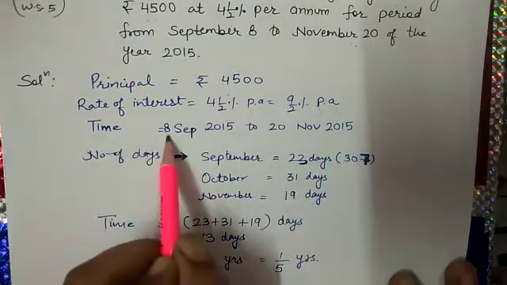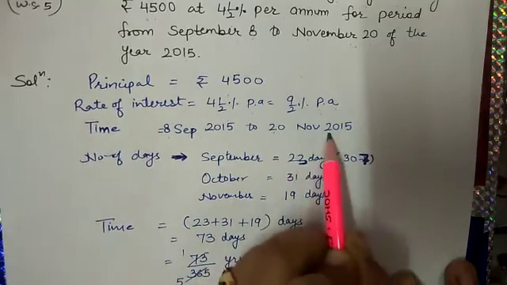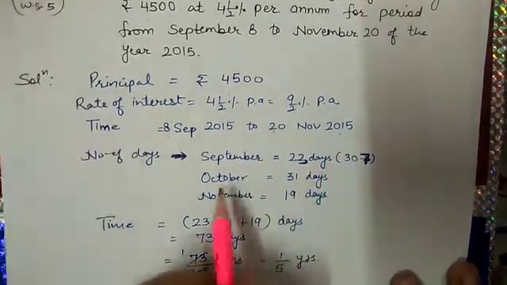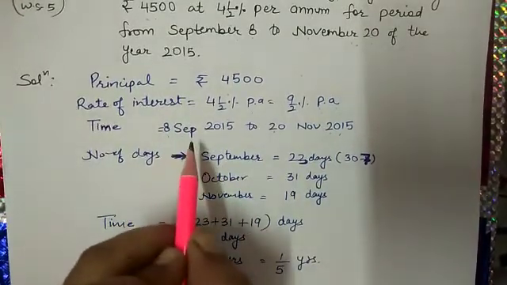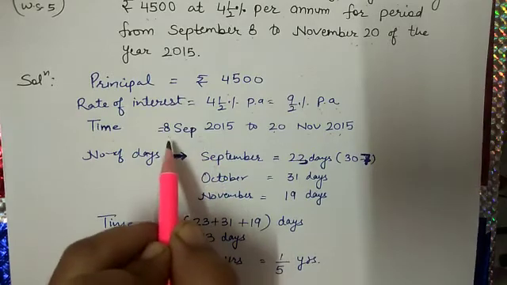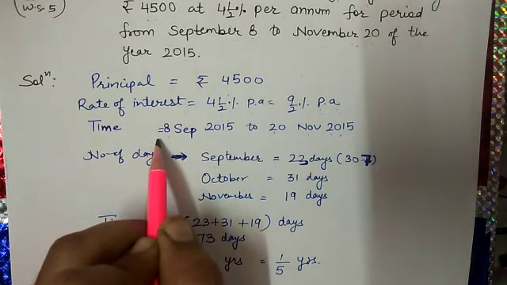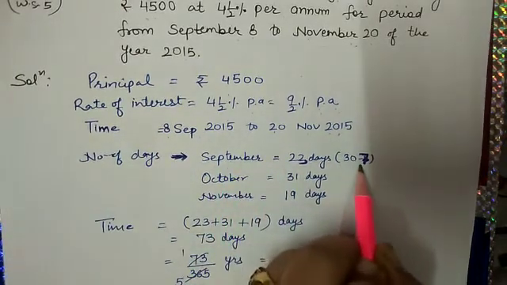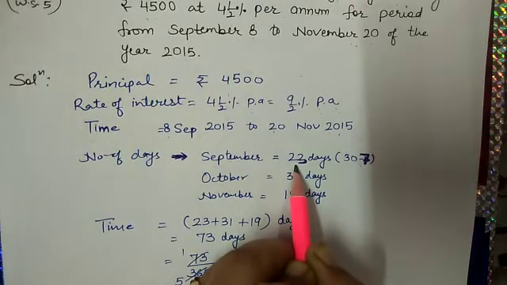And time is 8 September 2015 to 20th November 2015. What we are going to do? Count the number of days. On September 8, we got the money deposited. Now, it means for the first 7 days we have not deposited any money. So, we will get the interest for 30 minus 7, that is equal to 23 days.